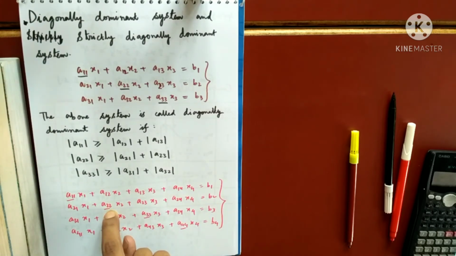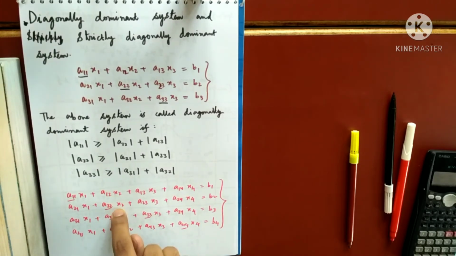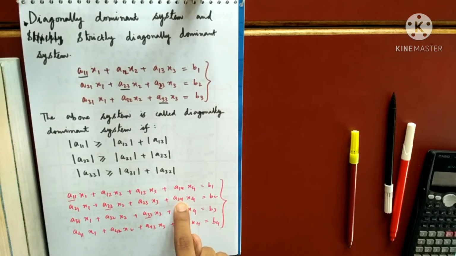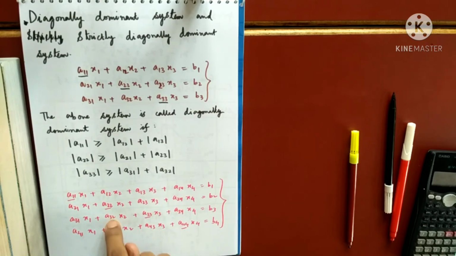Now, number 2: modulus of A22 is greater or equal to modulus of A21, modulus of A23, modulus of A24. Modulus of A33 is greater or equal to modulus of A31 plus modulus of A32 and modulus of A34. And modulus of A44 is greater or equal to modulus of A41, modulus of A42 and modulus of A43. Then I will call this system a diagonally dominant system.